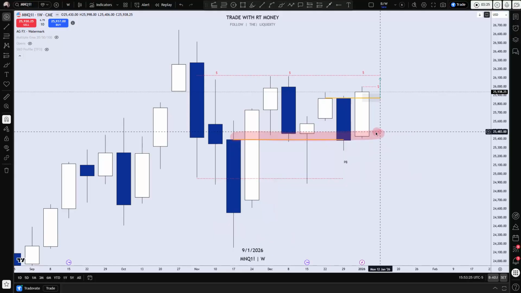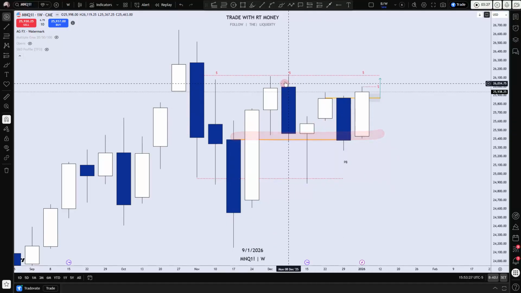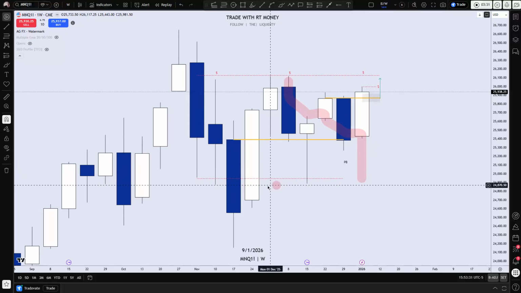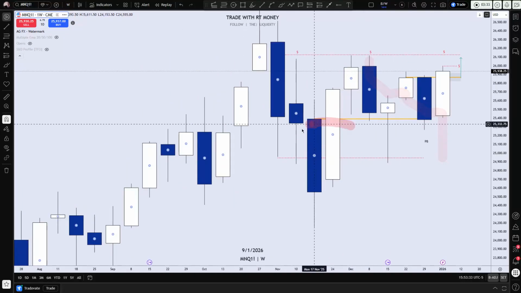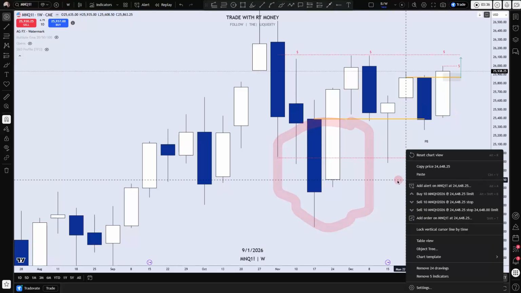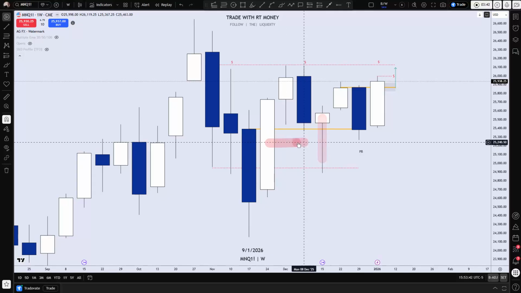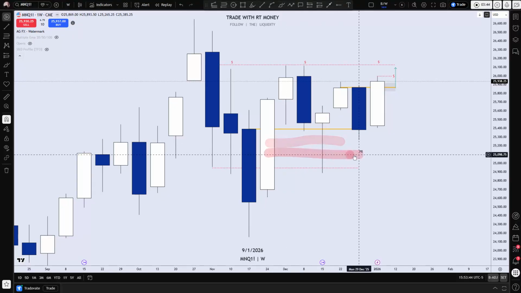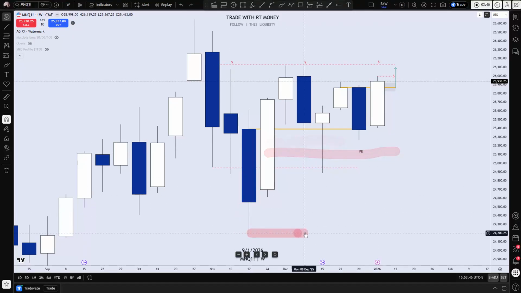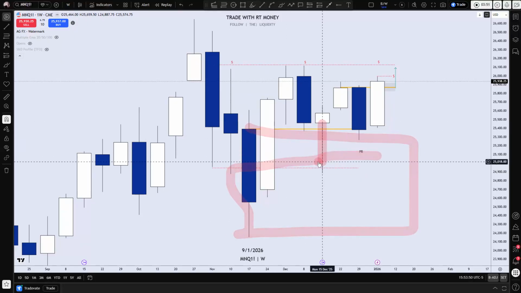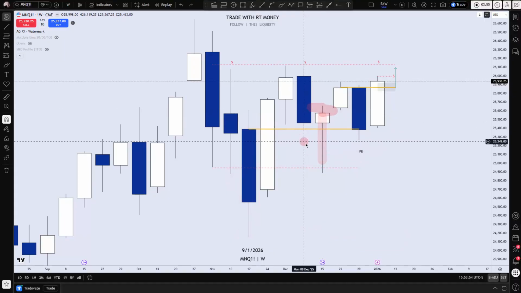And you can see that we did not get the market pushing back into and closing below the range of this candle. You saw the market probe, and then it stayed above what? The 25% of the range of this candle. We stayed above it, came down, and then pushed back up and closed above it.